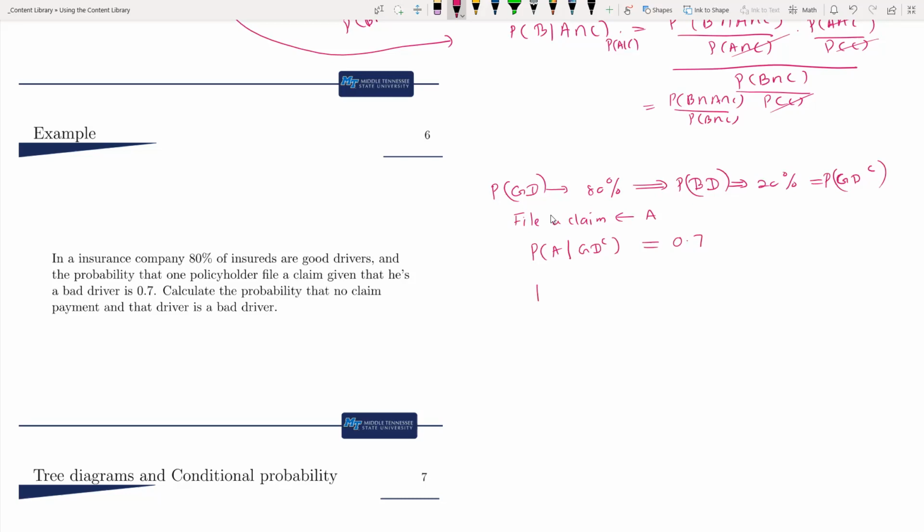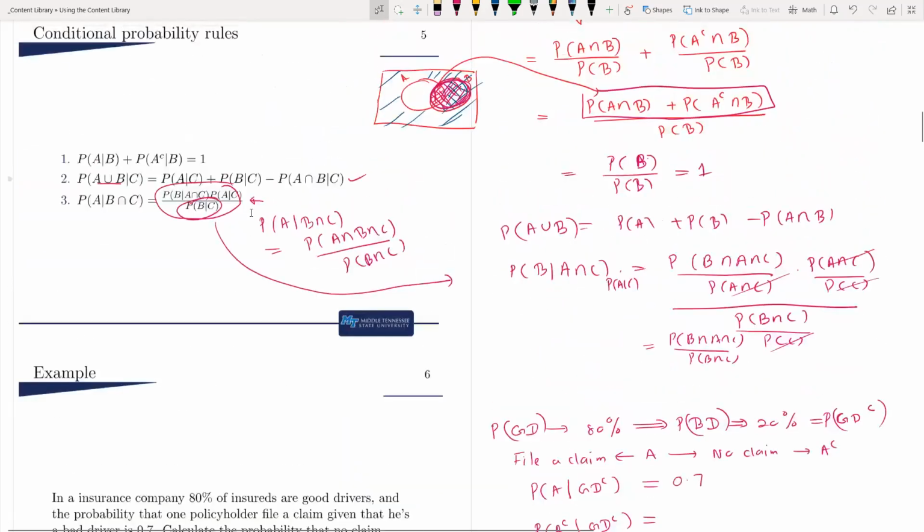So they are asking what's going to happen if it is no claim. File a claim is A, then no claim is going to be A complement. So we want to calculate A complement given that the driver is bad. Good driver complement is bad driver. So this is basically a bad driver. If I go back to the formula here, you can see that the first one, probability A given B plus probability A complement given B is 1.